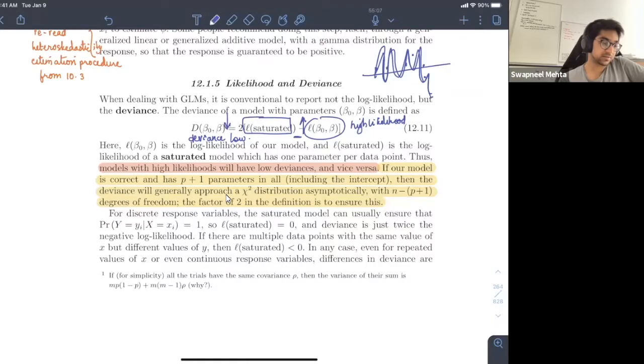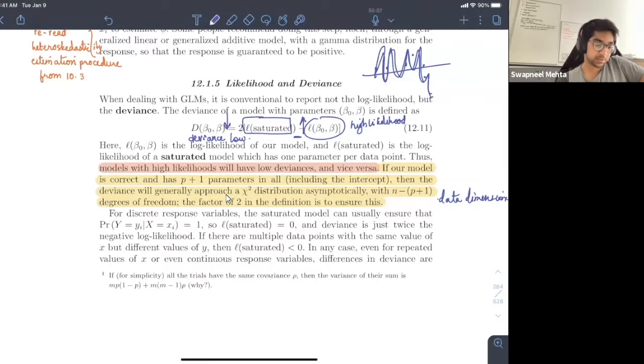But he gets at the fact that if our model is correct, then the deviance will generally approach a chi-square distribution asymptotically with n minus p plus 1 degrees of freedom, which has to do with your data dimensionality.